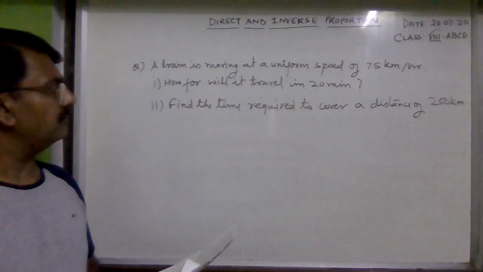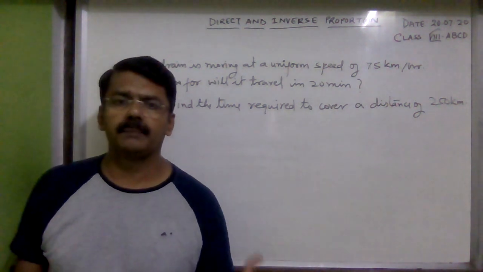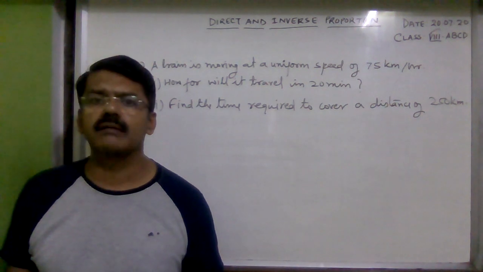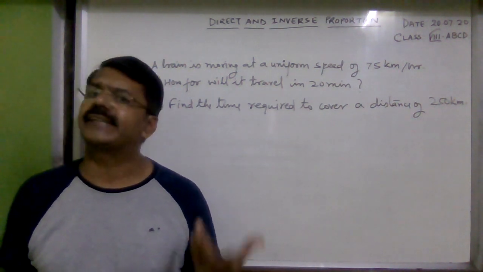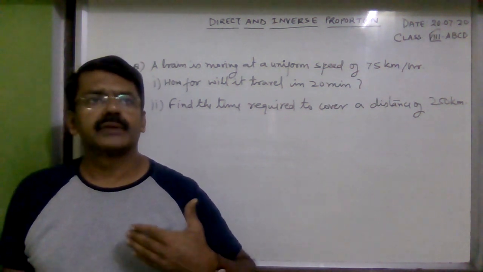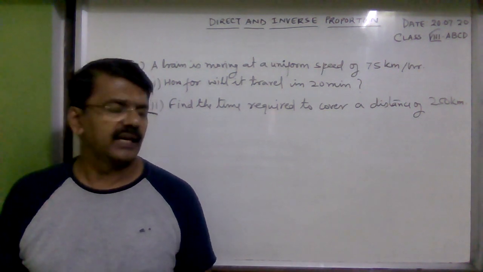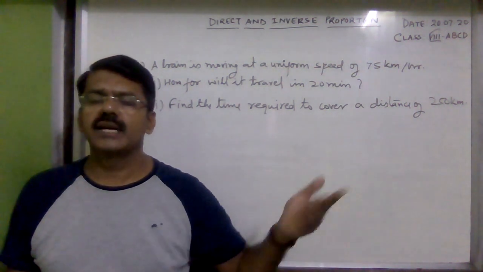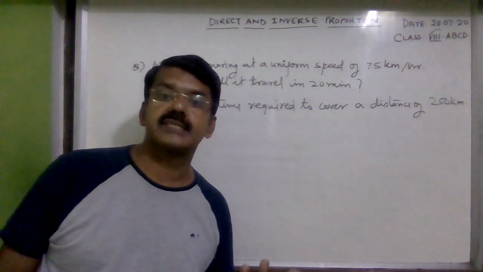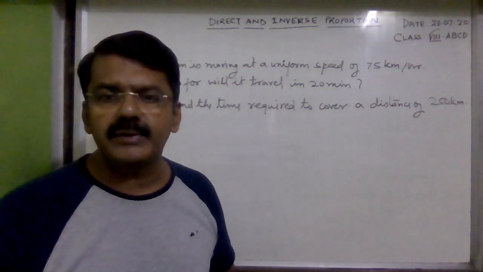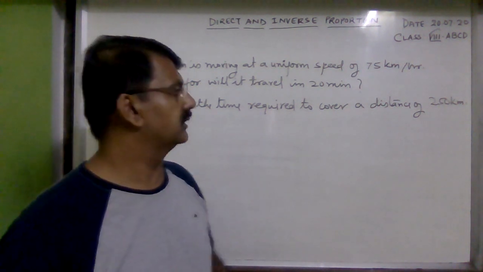Now here the two correct quantities are the distance covered by the train, and the second quantity is the time taken. Now you see, if the train covers less distance, then less time will be taken. If the train covers more distance, then more time will be taken. That means these two quantities, the distance covered by the train and the time taken by the train, they are in direct proportion.